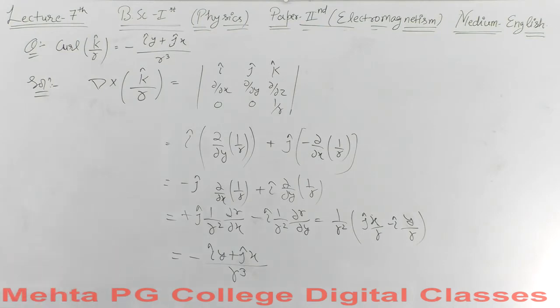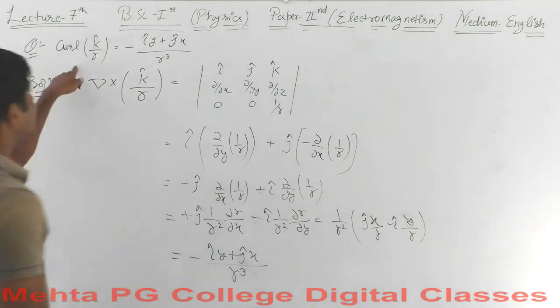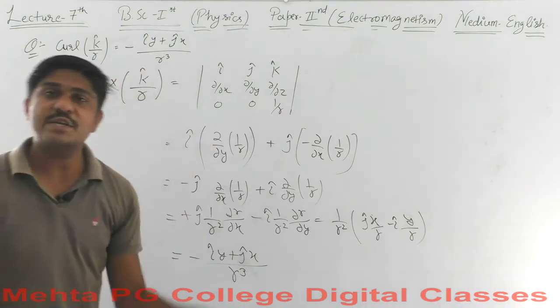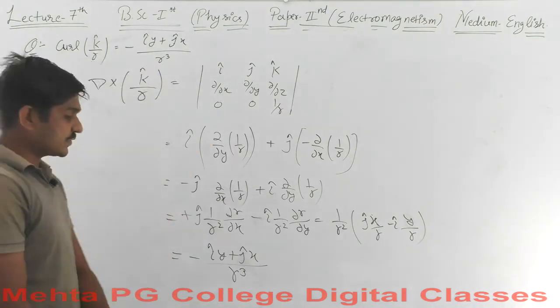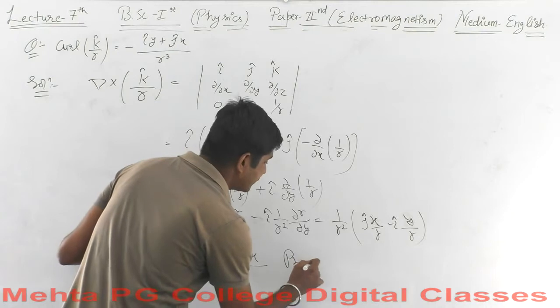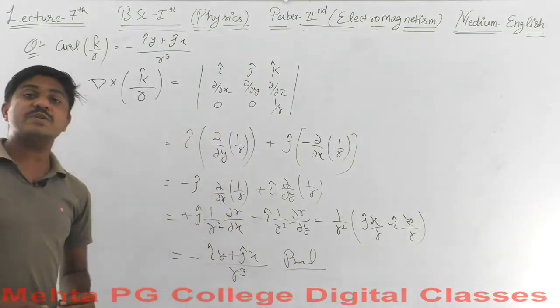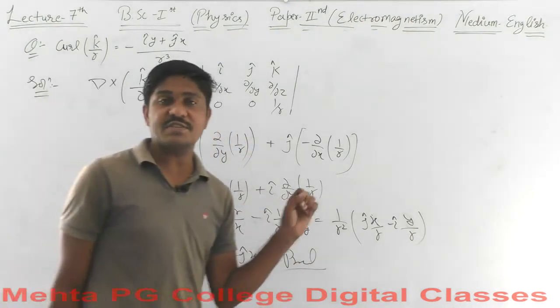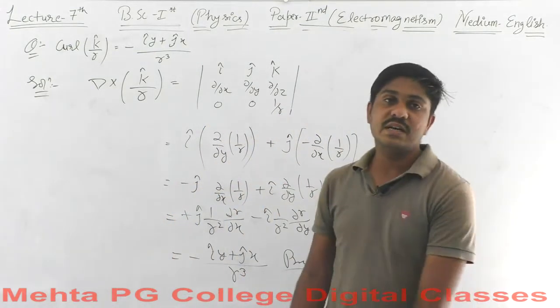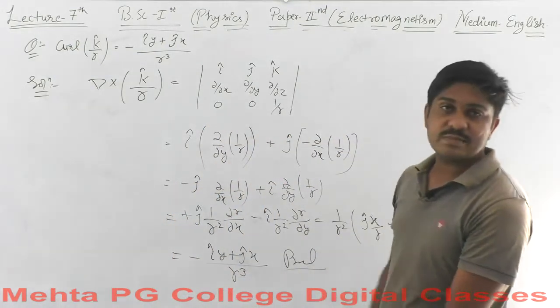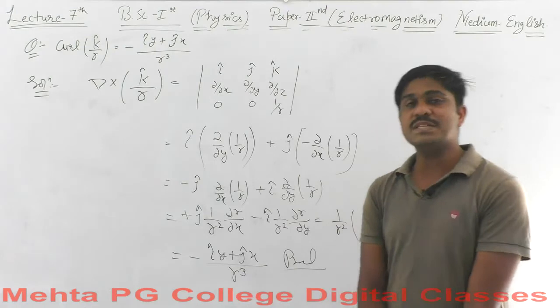So this is the RTP we are required to prove. So we have proved it here. This is how you are going to deal with such questions if you are asked in your exams. Keep in mind all these results, because these are again important examples.